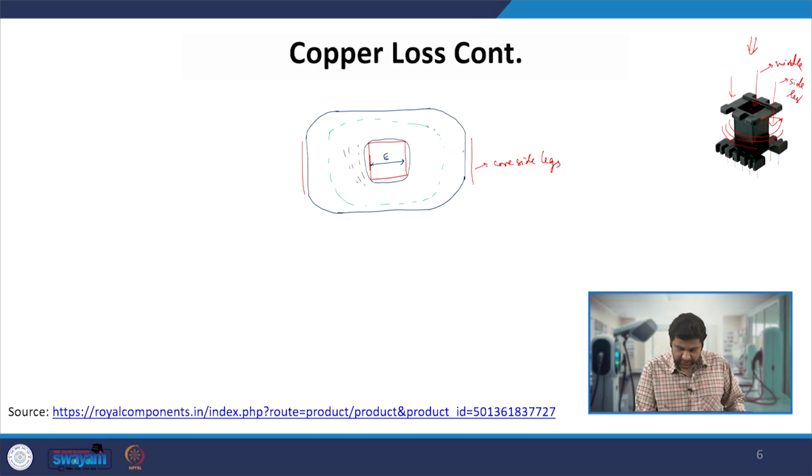The first turn is here, the last turn is here, up till the core side legs. So let us define some of the dimensions and then write what the MLT will be for the E core type of structure.